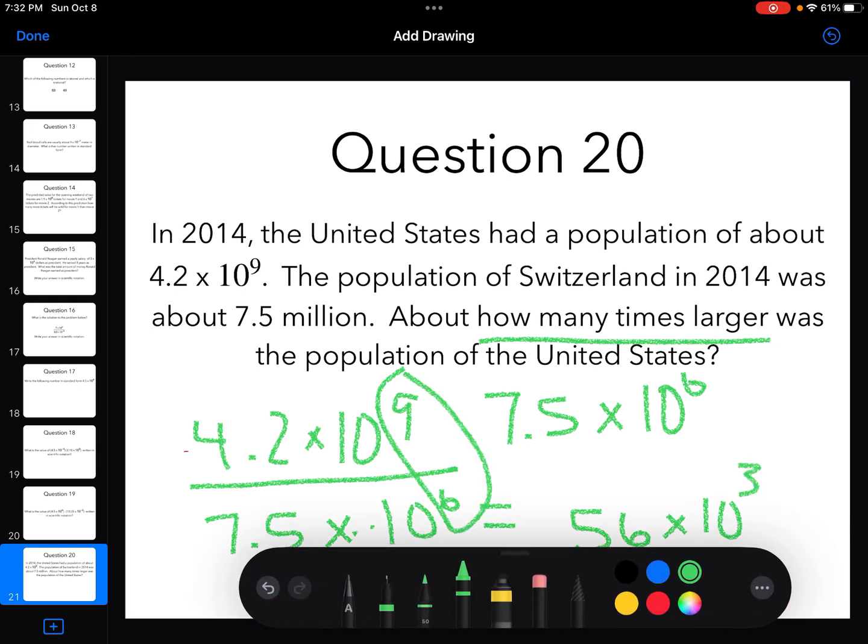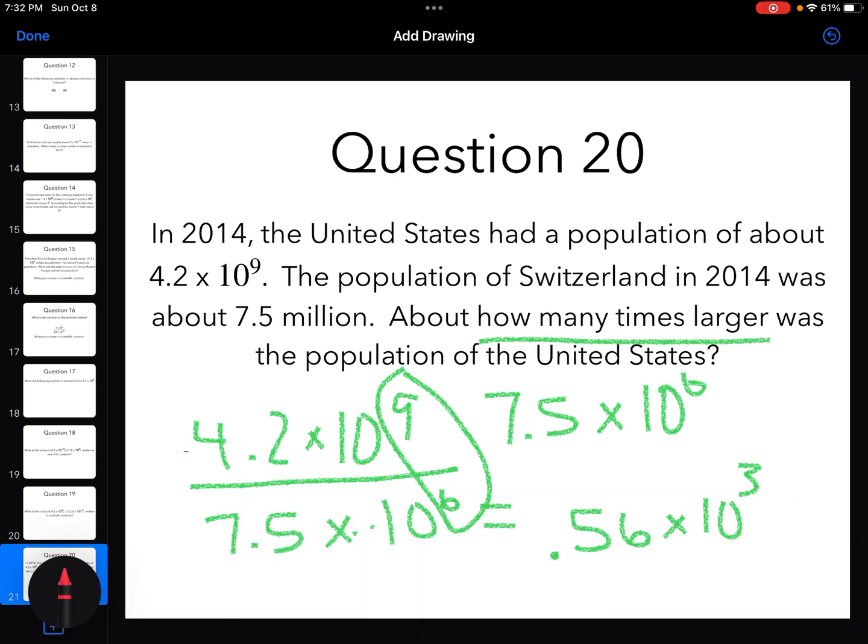Now we know we can't leave it like this because we don't have a whole number in front of our exponent. So 5.6 times 10 to the second, which works out to be 560 times the size.